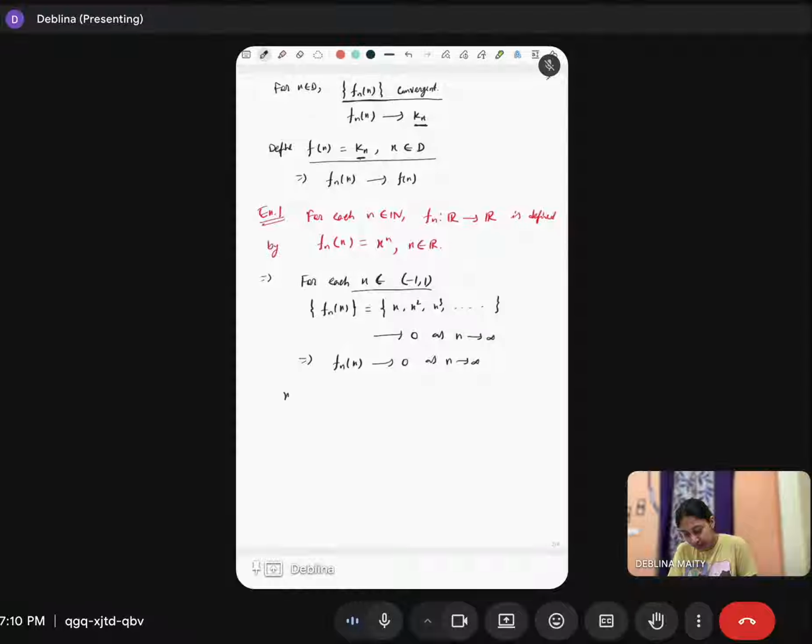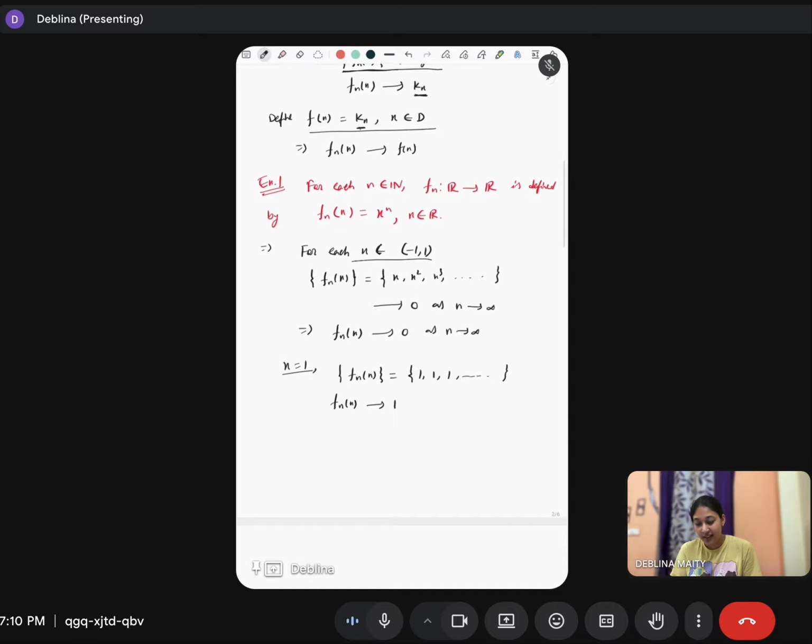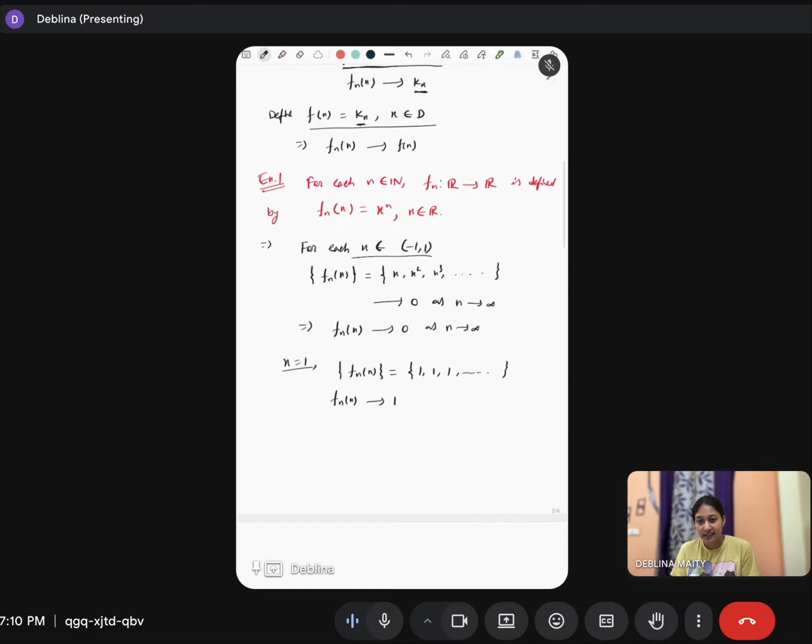Now what about x equal to 1? When x equals 1, this sequence fn(x) becomes the constant 1. So this is also convergent, and fn(x) converges to 1. And for x equal to -1, fn(x) will be this alternating, oscillating sequence -1, +1, -1.